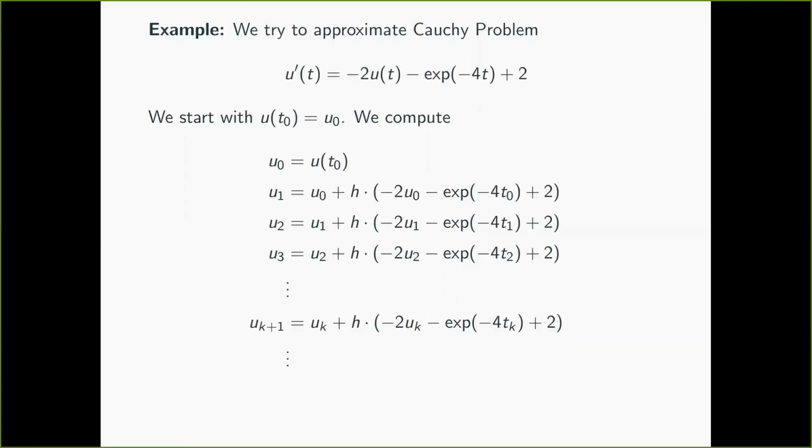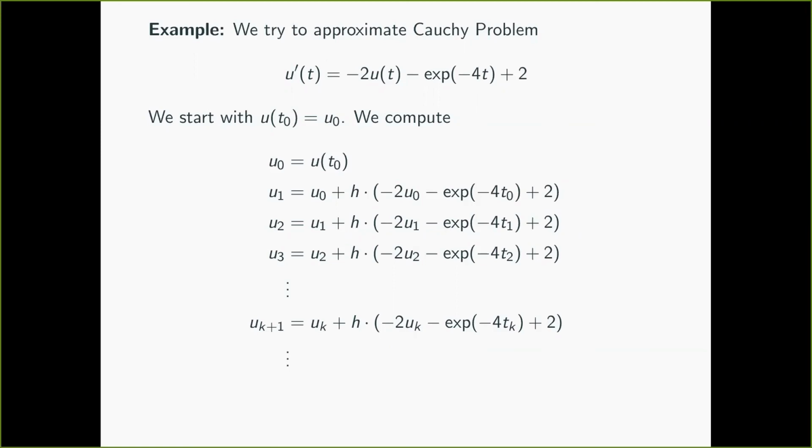Let's have a look at a slightly more complicated differential equation. u prime of t is equal -2 times u of t minus exponential of minus 4t plus 2. Okay, we start with initial condition u0, and we compute u1 is equal u0 plus h times -2 u0 minus exponential of minus 4 t0 plus 2.